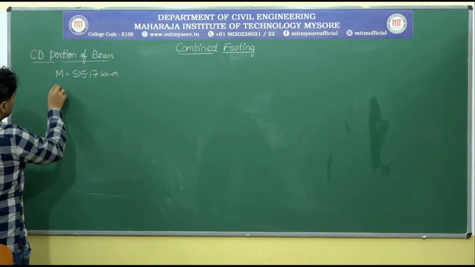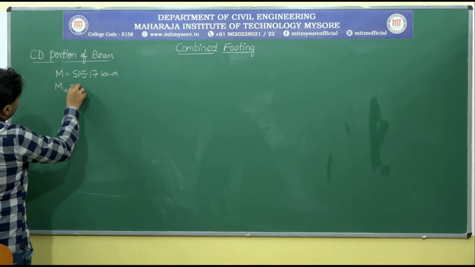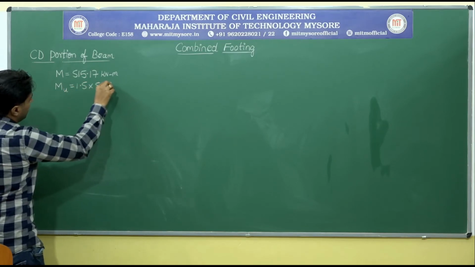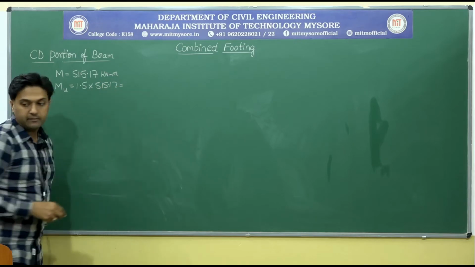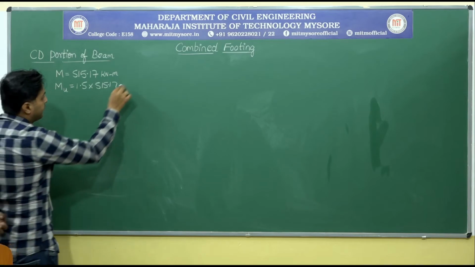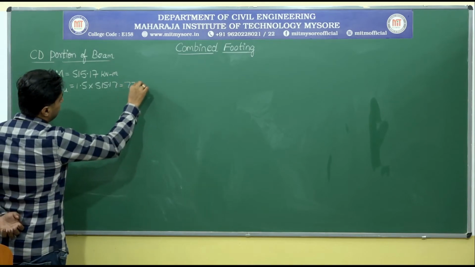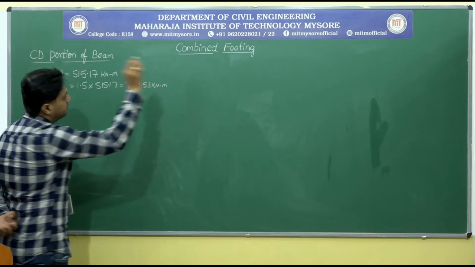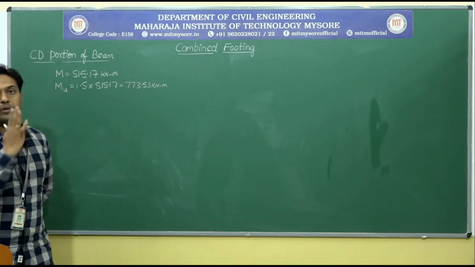As I am doing the design, I want the ultimate moment. So multiply it by 1.5. The final value that we get here is 773.53 kilonewton meter. Okay. So now we got the moment.